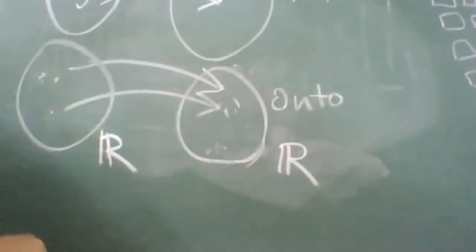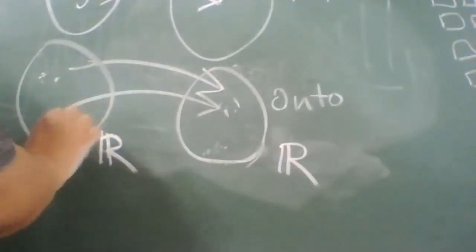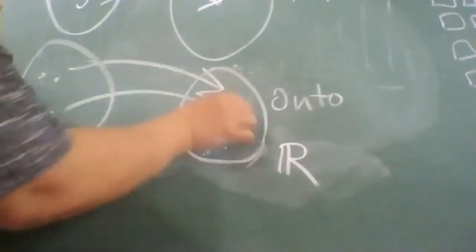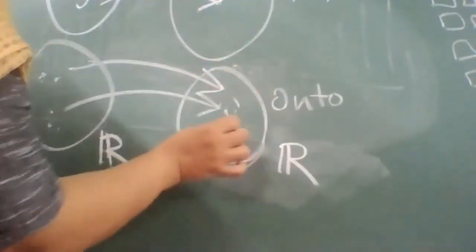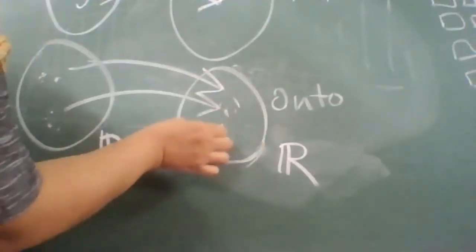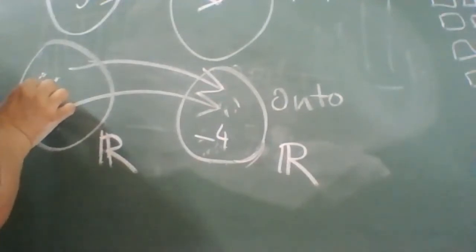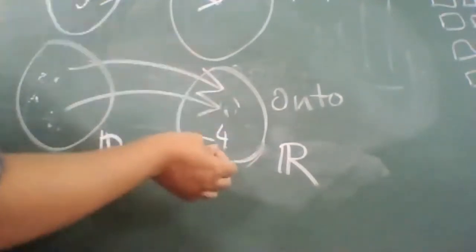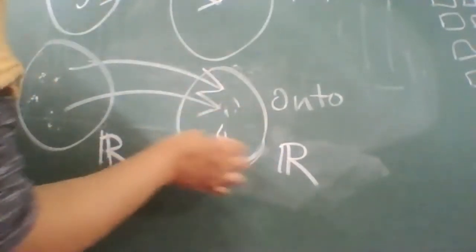So for onto, if both the sets A and B are the real numbers, and you are doing a square function from one to the other, then in the second set, the negative numbers that are there, for example -4, are not matched to anything in the first set. Therefore the square function is not an onto function, because there are some things which don't get mapped.